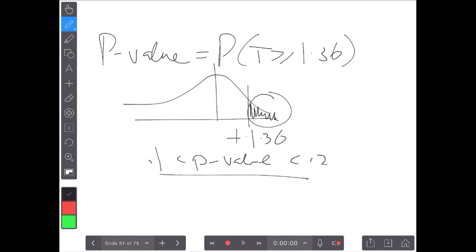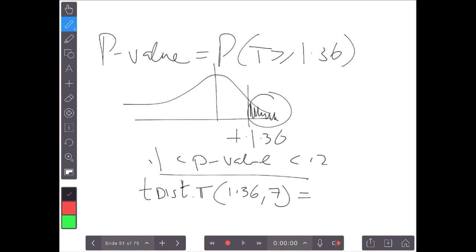If we actually use Excel, the formula in Excel is that you would have to use t-dist, the t-distribution, and you just provide the value, which is 1.36, and you give it 7 degrees of freedom.